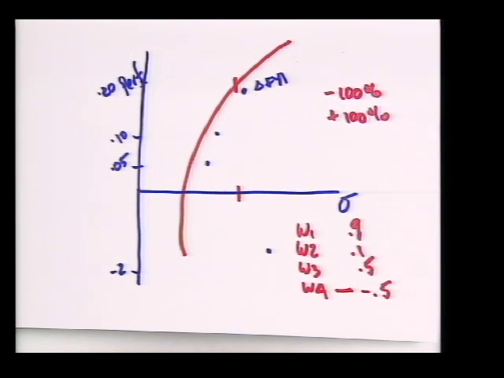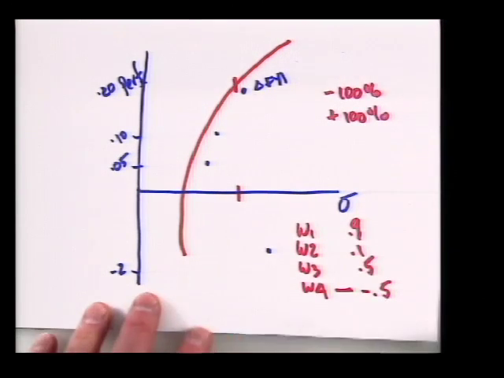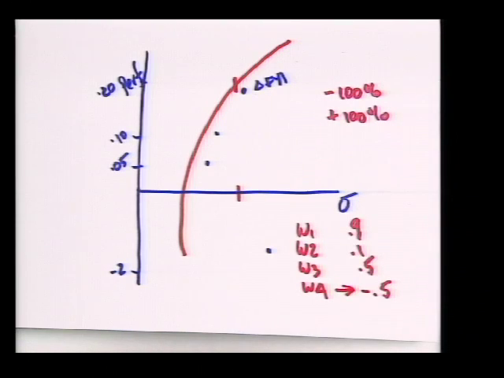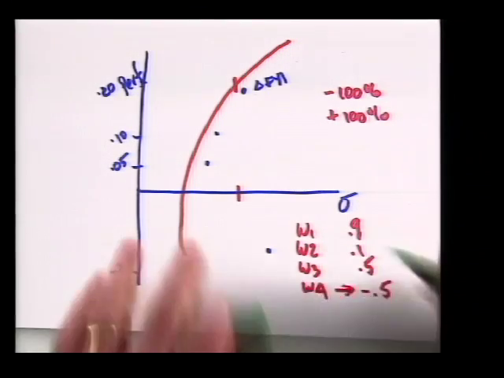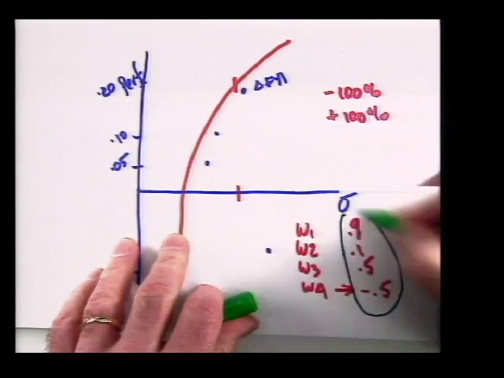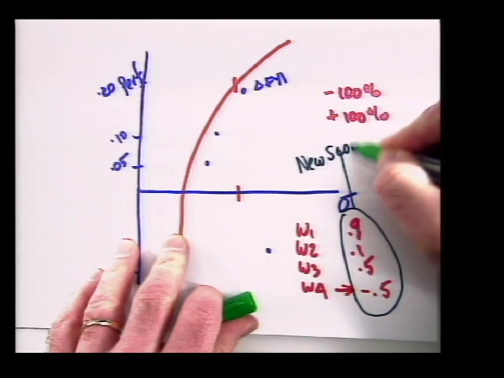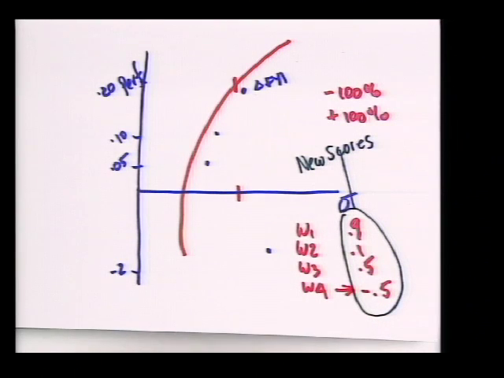Another way of doing this is to consider what we've got here. Just call these the new scores: 0.9, 0.1, 0.5, and minus 0.5.